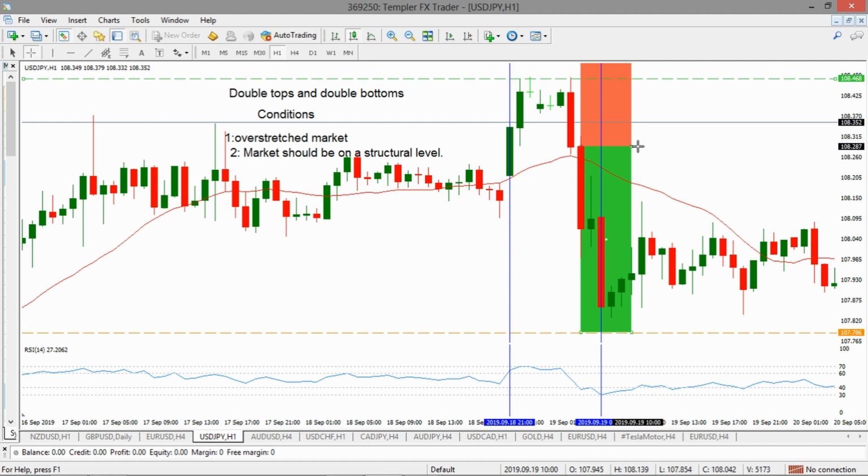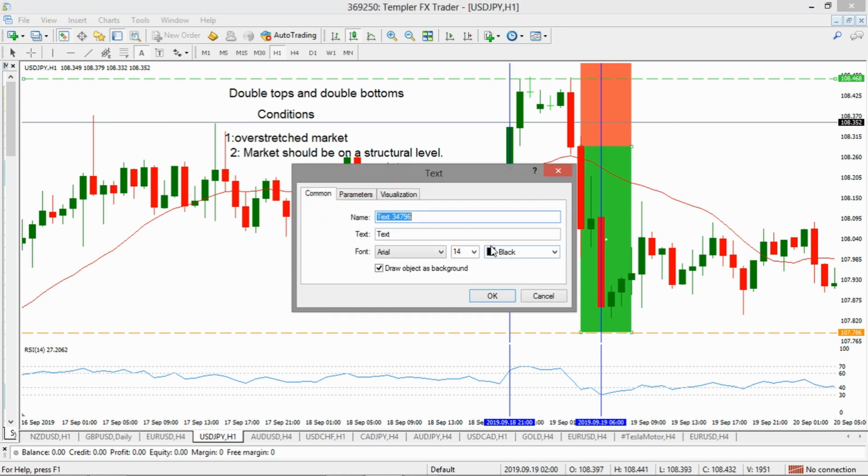Okay, now that we have simulated the trade, we should record how many pips we gained, how many pips we risked, so that we know the risk to reward ratio of the strategy and everything that's concerned with the strategy. Let's go ahead, do that. There we go, we have 50 pips.